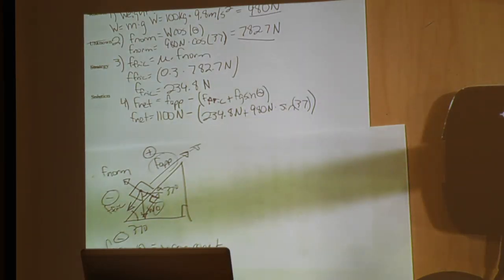So I have slightly different numbers. All right, so sine 37, did I do that right? Then times 980, you're going to add that to the 234.8, and then 1100 minus that answer. What did you guys get?